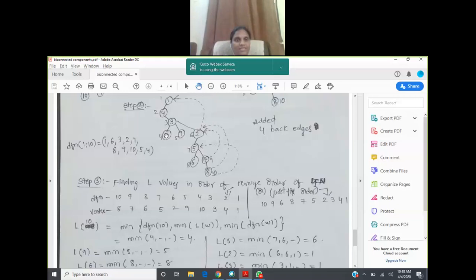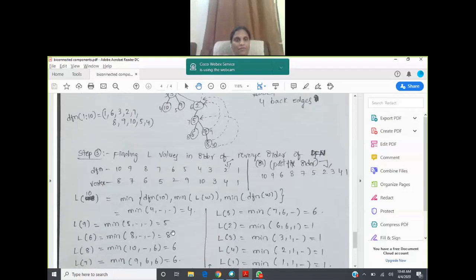For vertex 10, there is no child in this DFS tree, so we keep a hyphen, and DFN of 10 is 4. So, 4, hyphen, and is there any back edge from u? From vertex 10 there is no back edge, so keep a hyphen. So, the minimum of 4 and hyphen is 4.